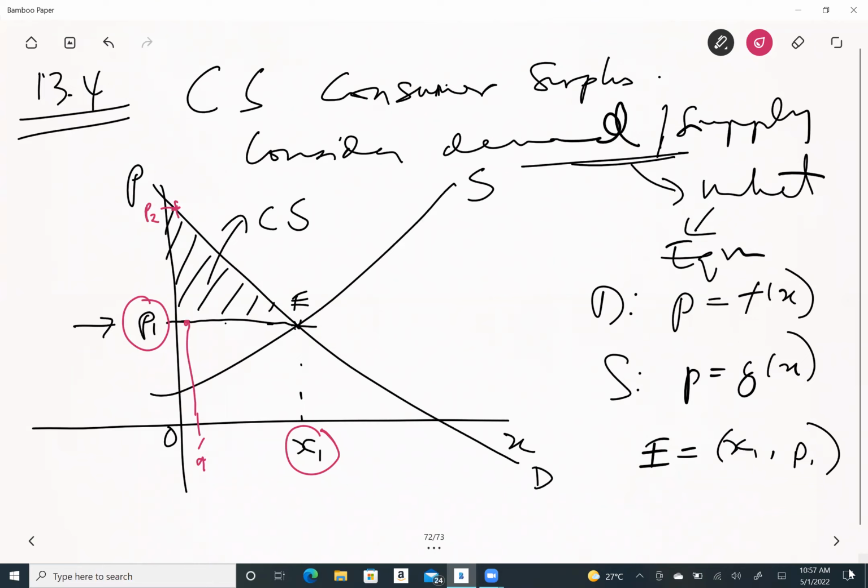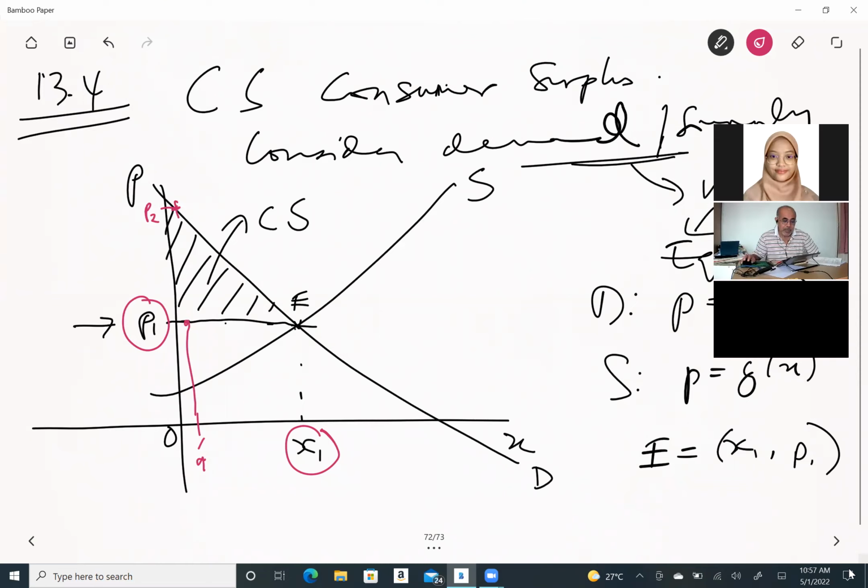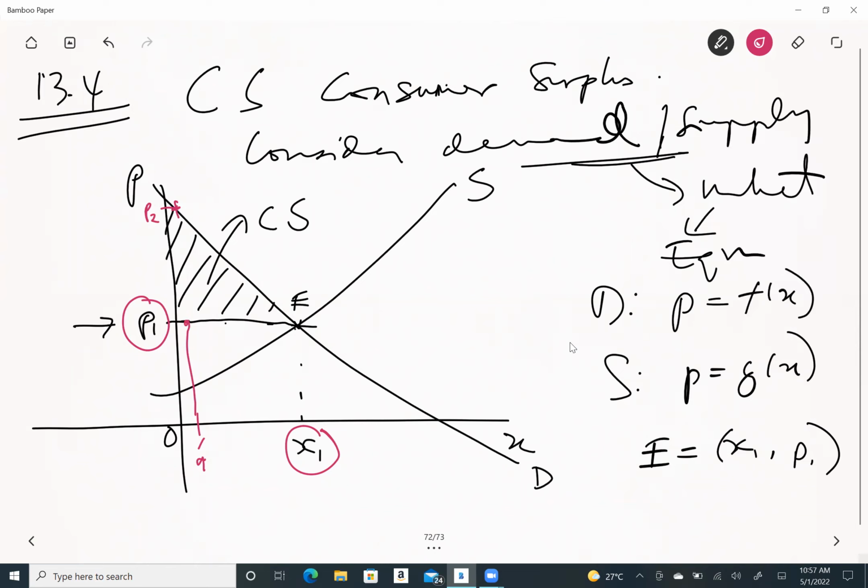Okay. So that happiness is the extra benefit. Your extra happiness is the extra benefit.